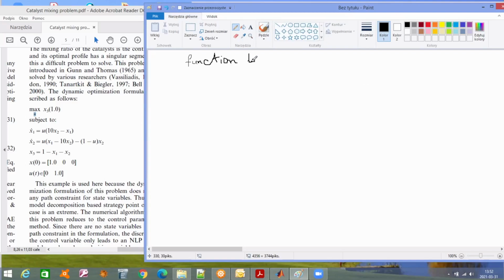For example, it's our third meeting, laboratory third. And function end.